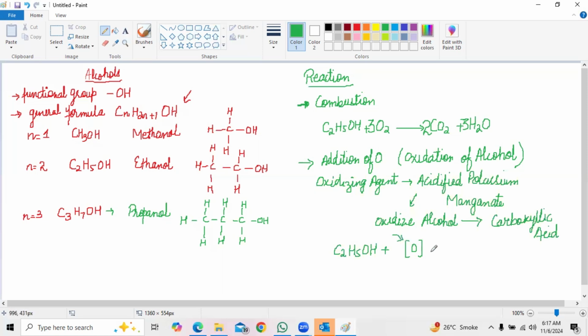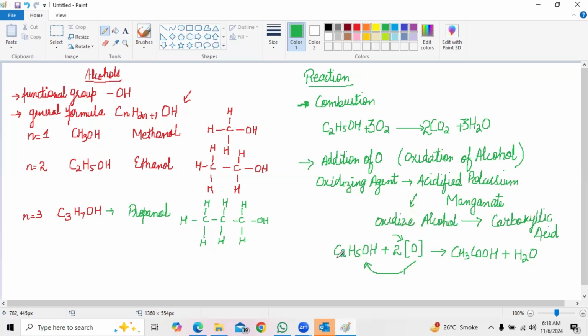This monoatomic oxygen will enter into this alcohol and it would be converted into carboxylic acid. So that would make CH3COOH, and there will be the production of water as well. This kind of reaction basically occurs, and we have to balance it as it has two oxygen here. So I have to put two here, because there is one oxygen here and that comes from here.